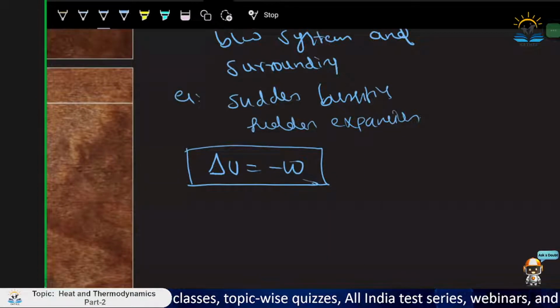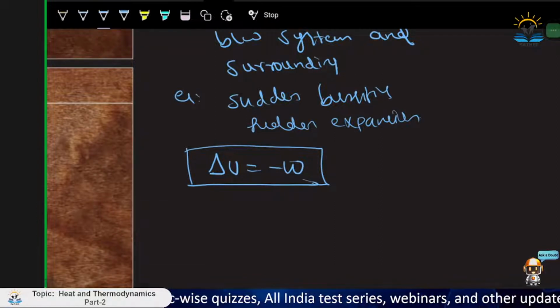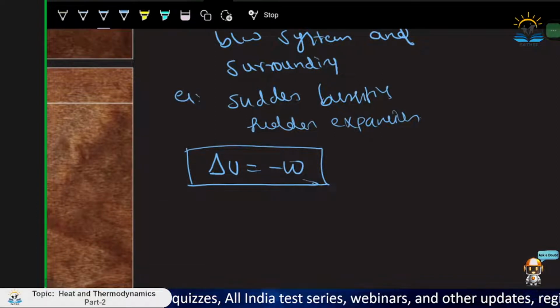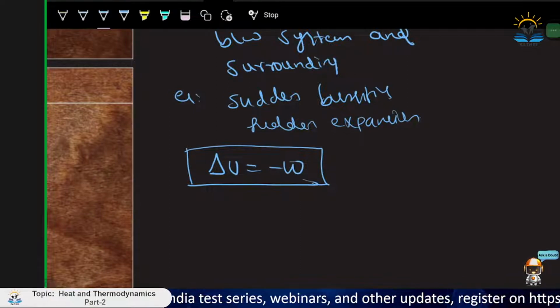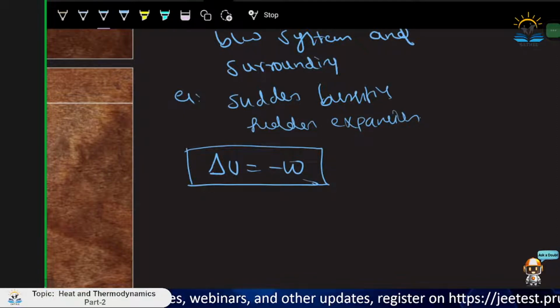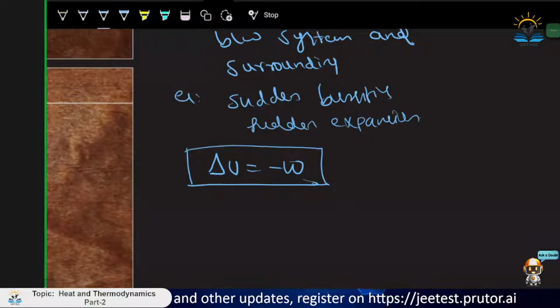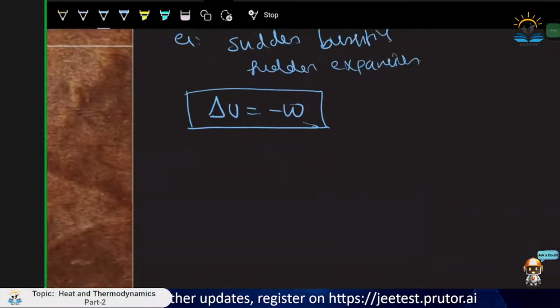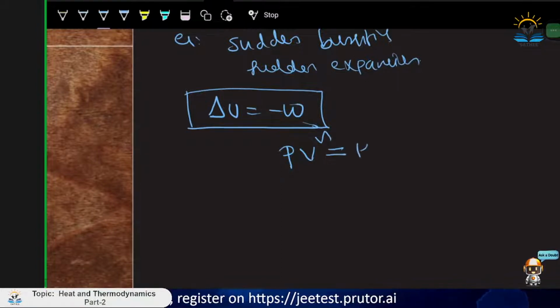So we want to know the equations of adiabatic process. In isothermal process, we saw PV is a constant. In adiabatic process, PV raised to gamma is a constant.